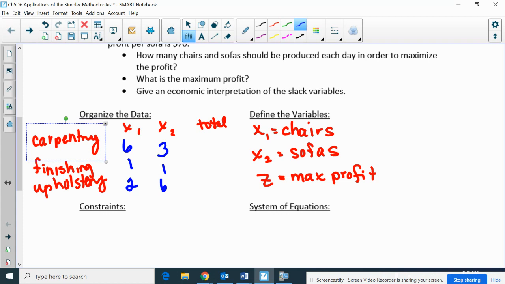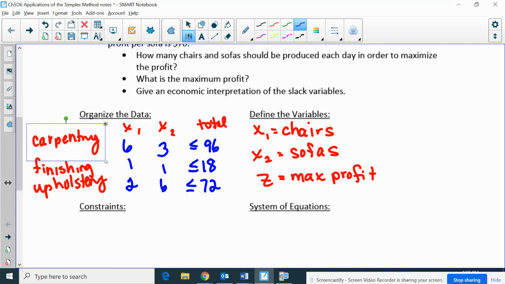We only have 96 man-hours for carpentry, so no more than that. So less than or equal to 96. We only have 18 hours for finishing, so less than or equal to 18. And we have 72 hours for upholstery, so less than or equal to 72.